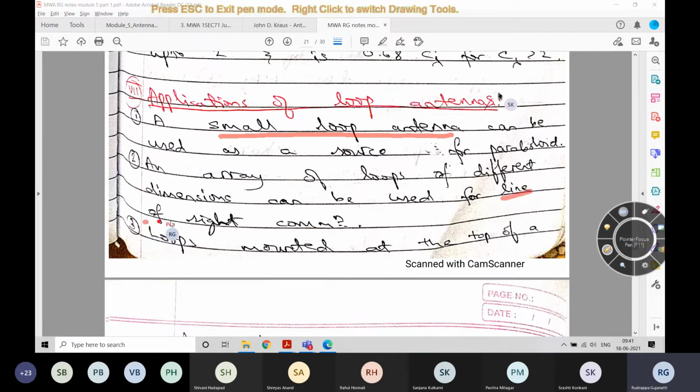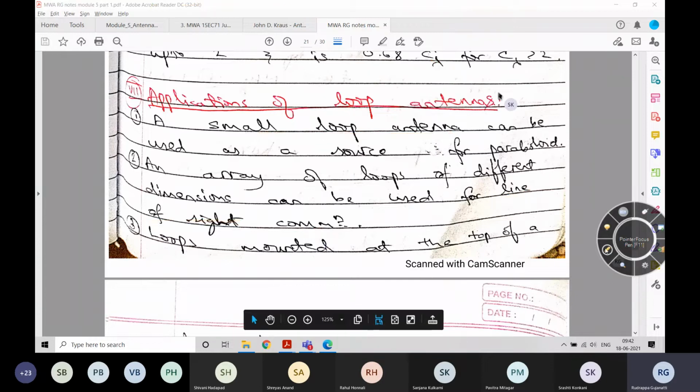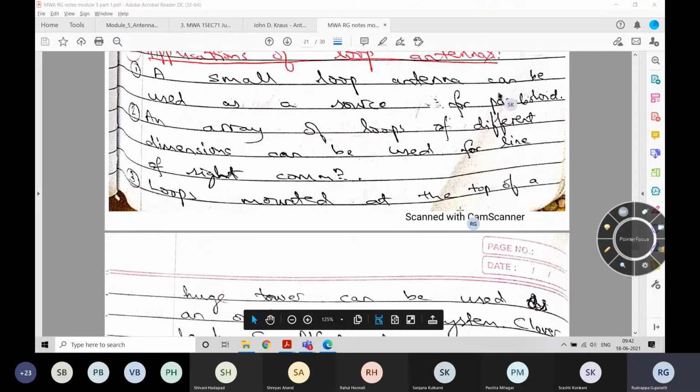Then apart from this, when we want line of sight communication, that is, in a straight path, say between two towers, you can use these loops for the communication.